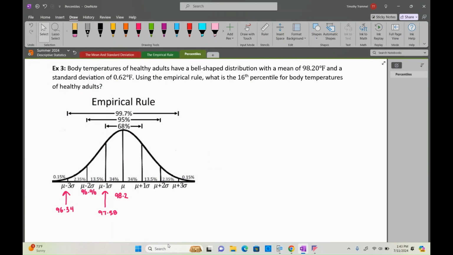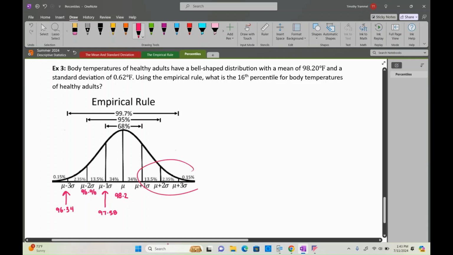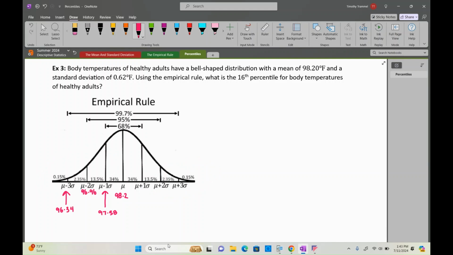Okay. So you might remember from doing a couple of these that to get 16% using this normal distribution is always either the last three or the first three. And when we do talk about percentiles, we are looking for a body temperature such that 16% of people have a body temperature at that level or lower.